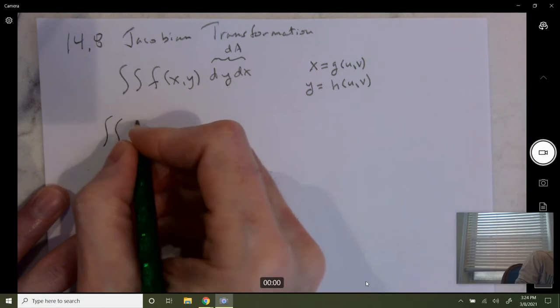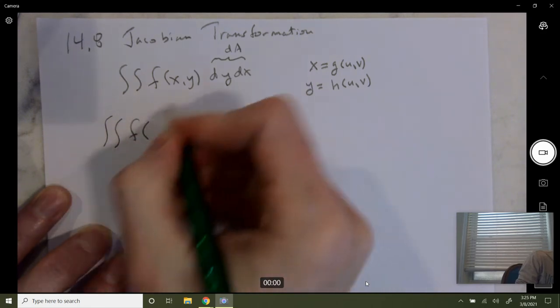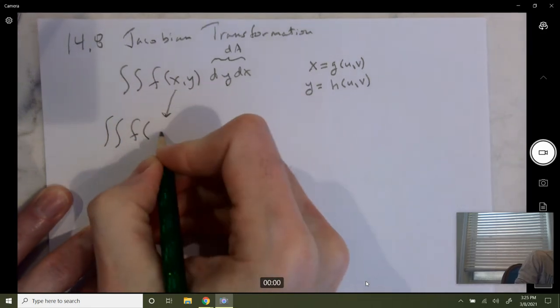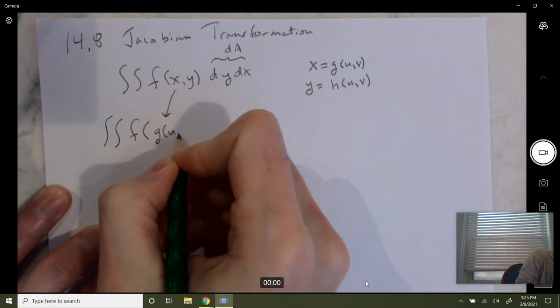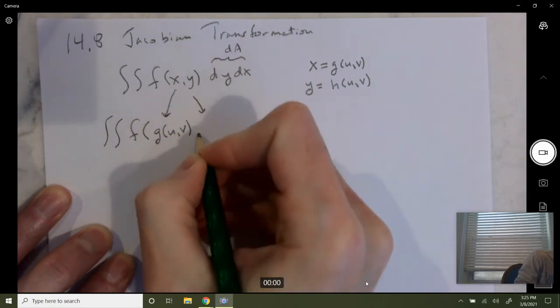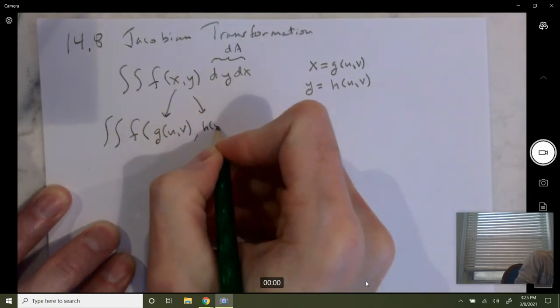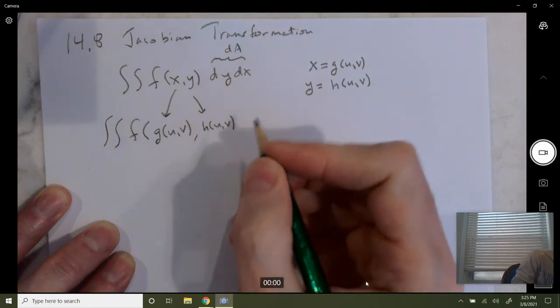And so your f of x, y is now a function where x is g of u v, and y is h of u v.